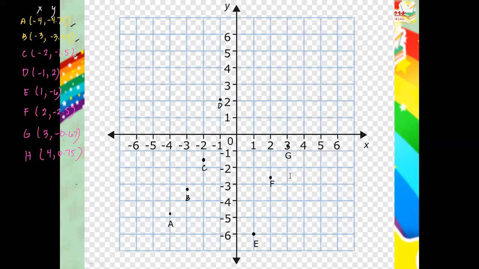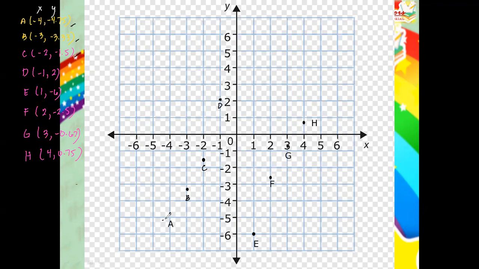Next. Letter H is 4 and 0.75. It is here. So this is letter H. Now we are done plotting the points. We have to connect the dots or connect the points now.